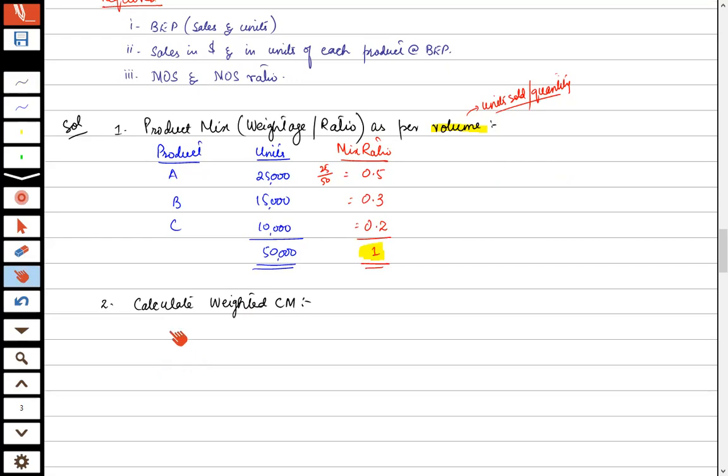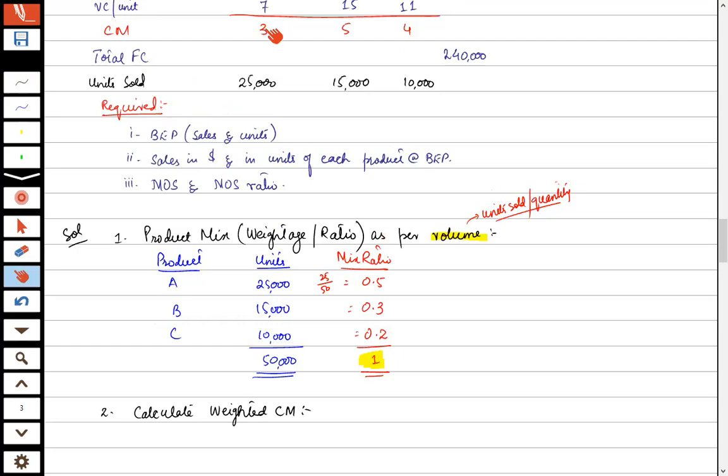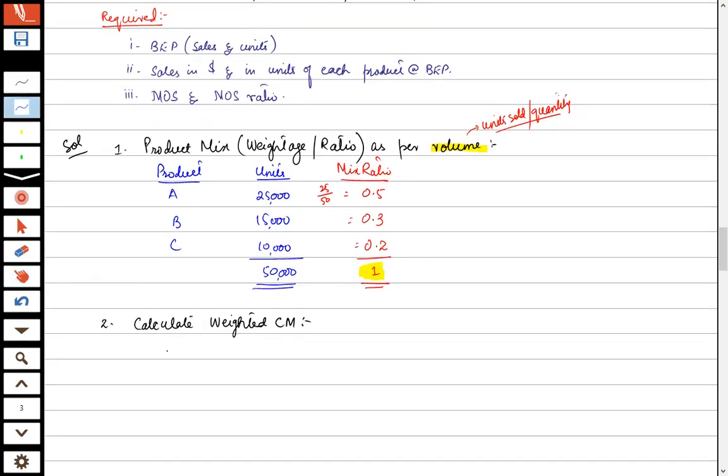And how will weighted CM be calculated? We will just multiply the individual CM with the weight ratio. So it would be 3 into 0.5 for product A, 5 into 0.3 for product B, and 4 into 0.2 for product C. Got it?